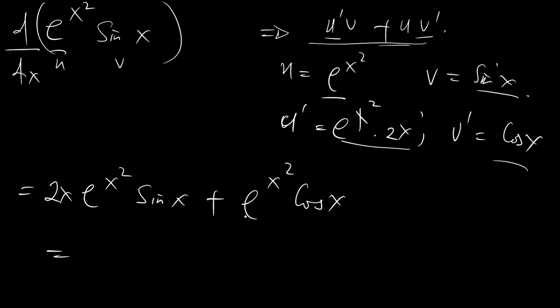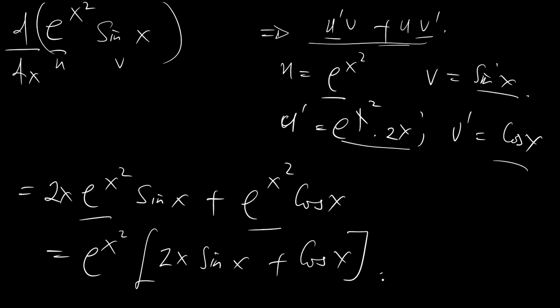So now what is common is e to the power x squared. So you factor it out. So if you bring it out from here, you have 2x sine x left, plus if you remove it from here, you have cos x left. So this is the final answer for this.